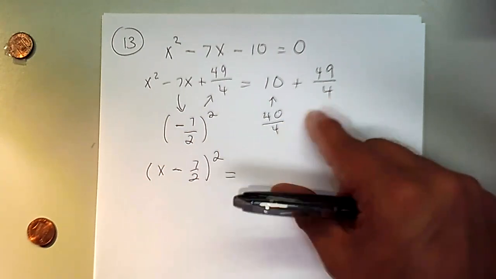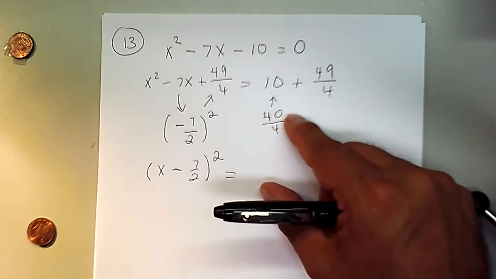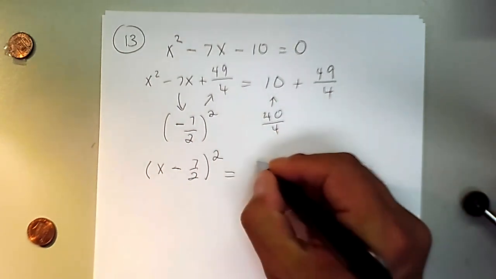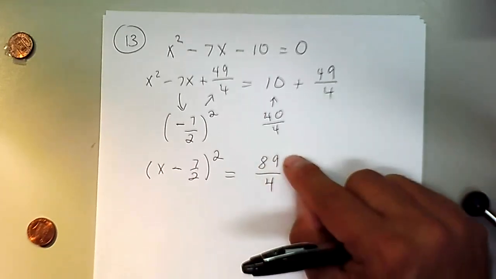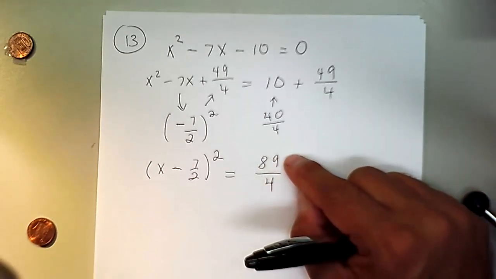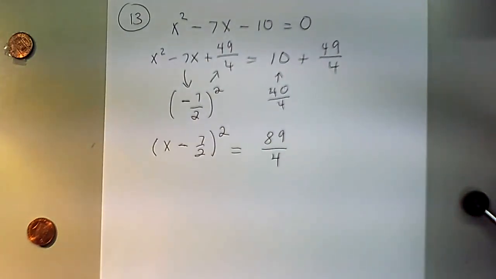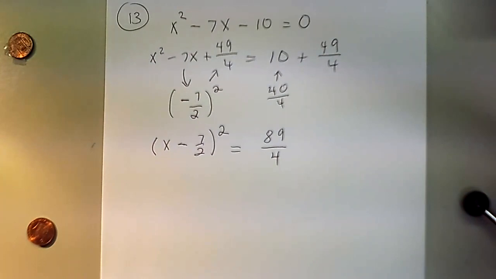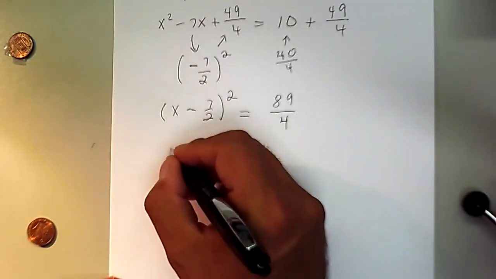That is interesting because we end up with 89 over 4. And 89 is not a perfect square. I was anticipating to have a perfect square, but I guess it doesn't have one, which is not necessarily a big deal. All right, take the square root on both sides.